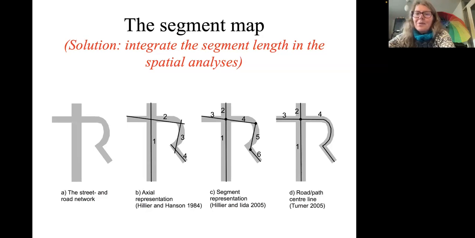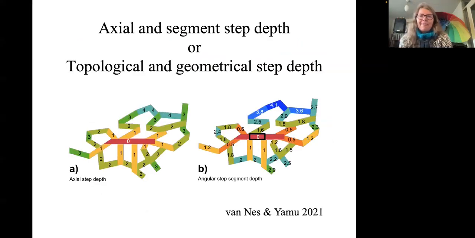In my case, if you look at the angular segment step depth, how it is calculated, when things have a shallow angle of deviation, the value becomes very low. And if you have a sharp angle away from this segment, which is marked with the number 0, this is what you call an angular step depth analysis from this segment, and you start at 0.